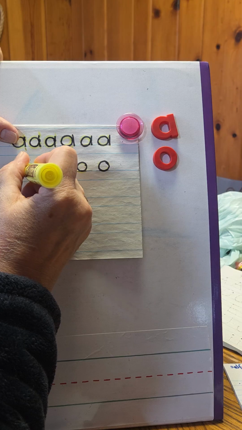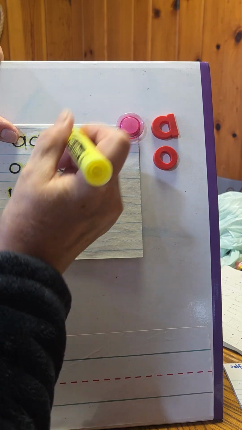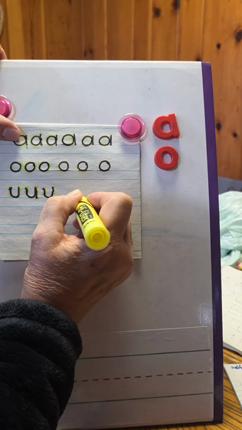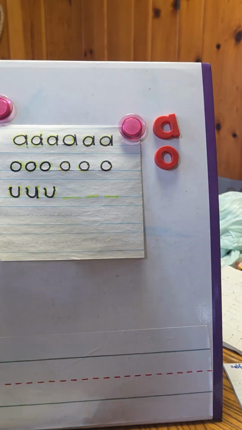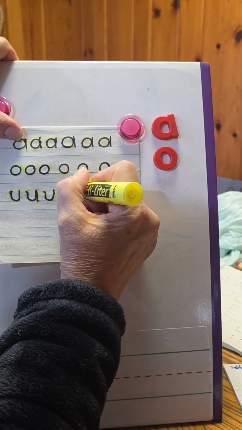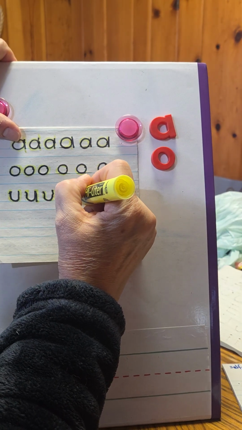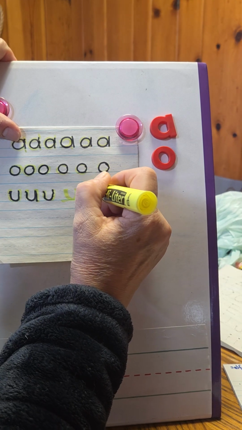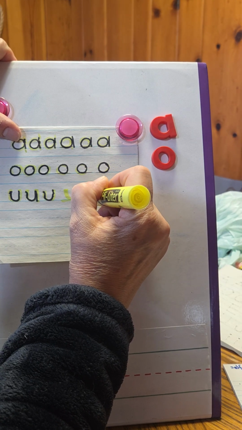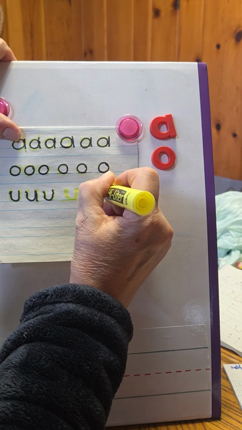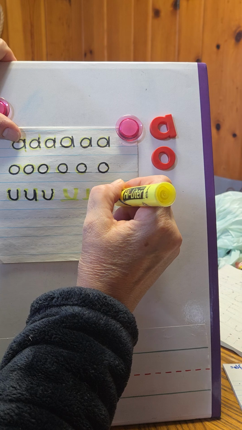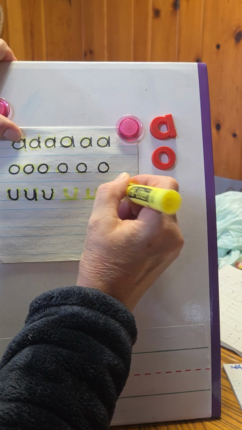There. Now my O's are done. Yep. Now we've said the letter name. Now I'm going to use the highlighter. Start at the midline, down you go, curve, back up. Start at the midline, down you go, tap the baseline, back up. Down you go, back up to the midline.